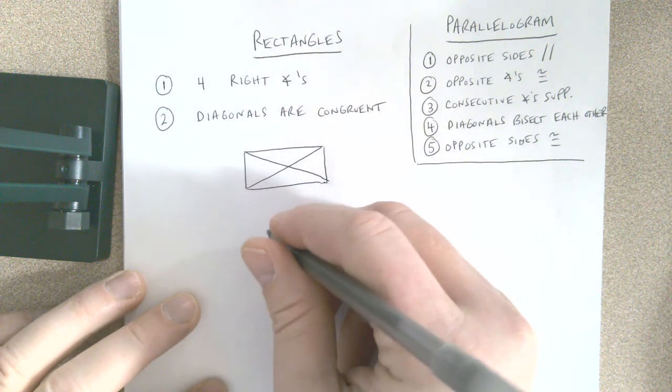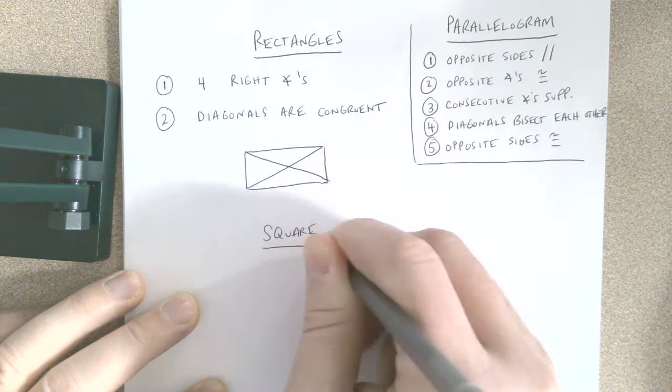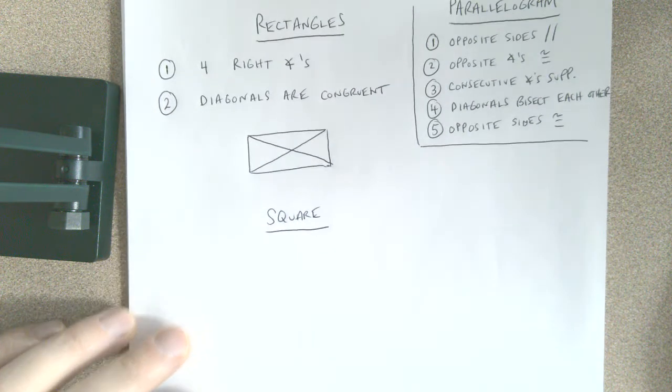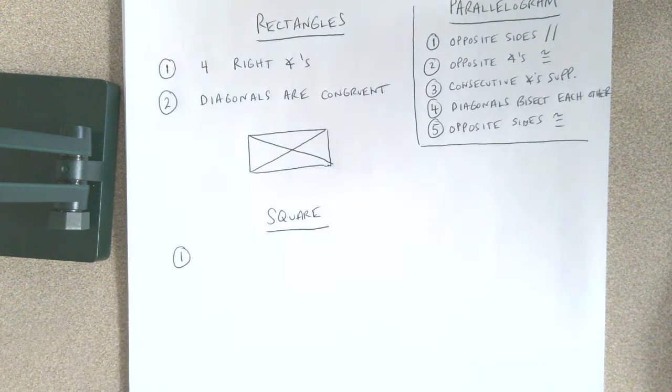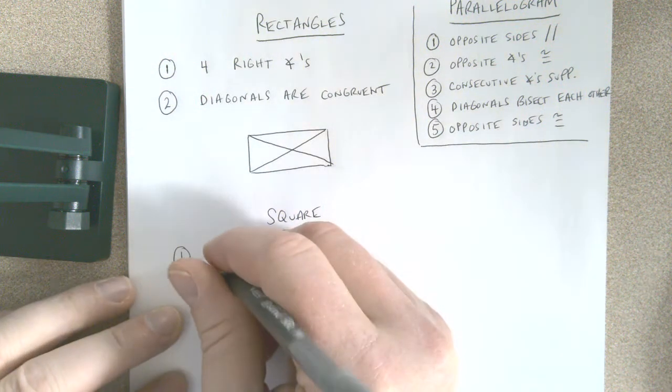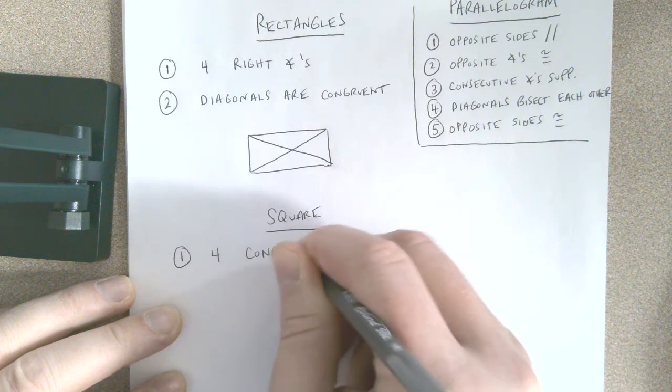Okay, let's move on to the square. If we look at one of the ceiling tiles up above us, any special properties you notice about a square? Yeah, all the sides are congruent, so it has 4 congruent sides.